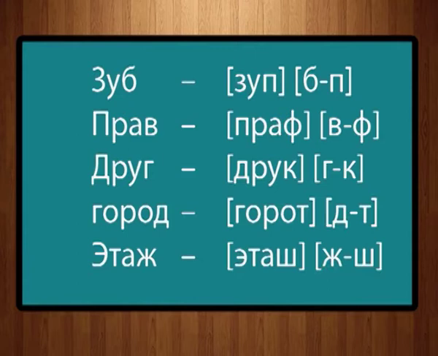So, let us practice this phenomenon with some more words. For example, how will we pronounce this word which has g, o, r, o, d, and stress is on the first o. So, following the devoicing principle, we can say that the d will be pronounced as t.